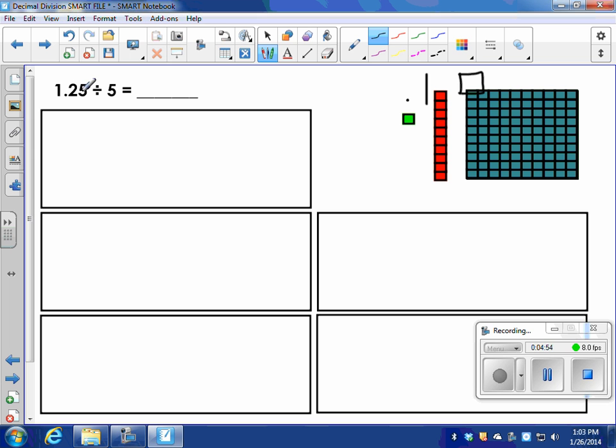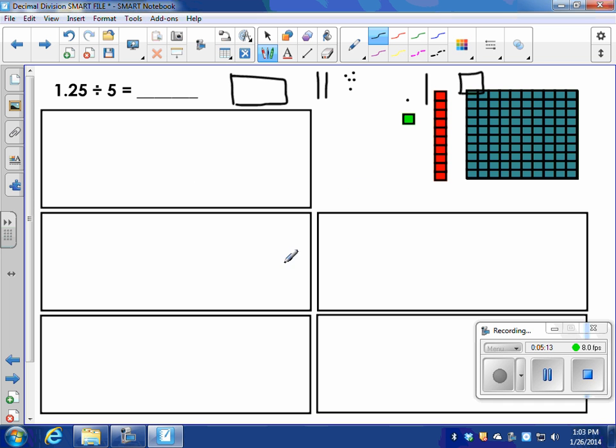So here I have 1 and 25 hundredths. So I would have 1 square, 2 lines, and 5 dots. So 1 and 25 hundredths.